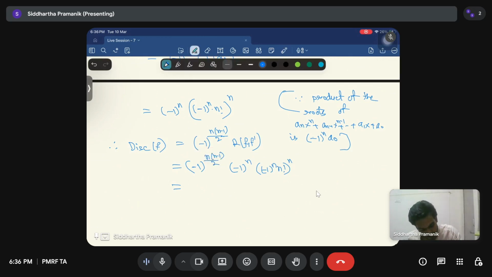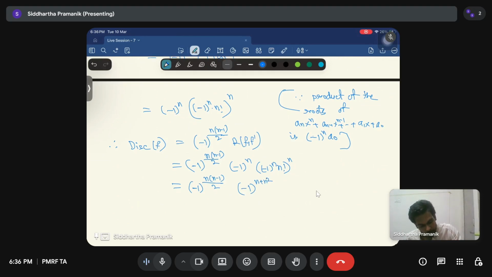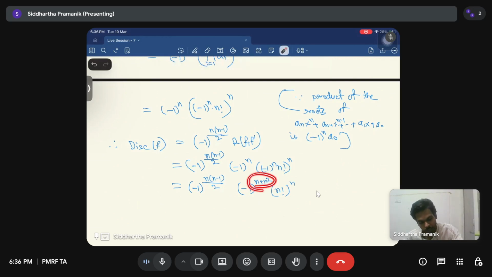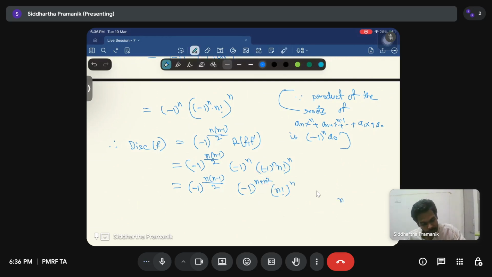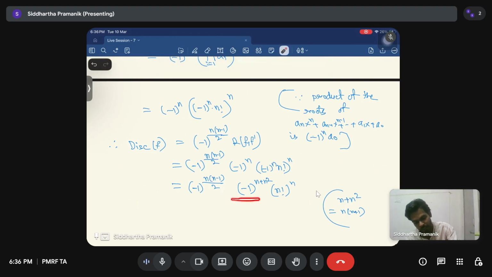Okay, so let's write this. This is minus 1 power n times (n minus 1) by 2, as it is. But here we have n plus n square times n factorial whole power n. But n plus n square is always even, because it is n times n plus 1, and the product of two consecutive numbers is always even. So this part is just 1.